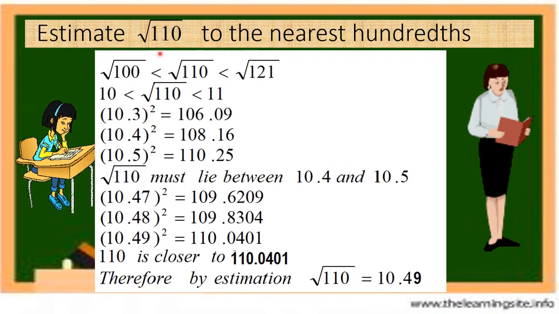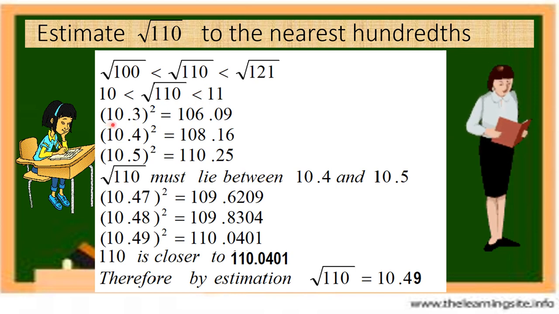We need to estimate the square root of 110 to the nearest hundredths. The square root of 110 is in between square root of 100 and square root of 121. Square root of 100 is 10 and square root of 121 is 11. So it is in between 10 and 11.